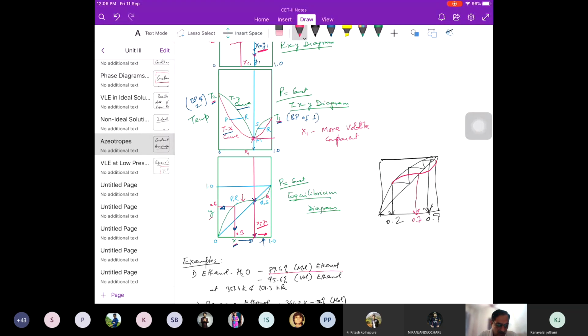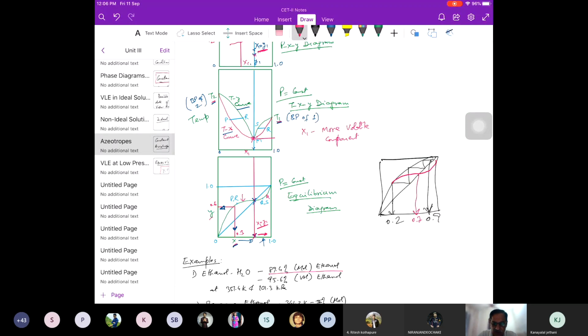Okay, good. So that's why we are looking at azeotrope composition. At the azeotropic composition, the liquid and vapor have the same composition. So however much we boil or evaporate it, the vapor is going to have the same composition as the liquid. It's not going to increase. So we'll never get a product with composition more than the liquid composition.